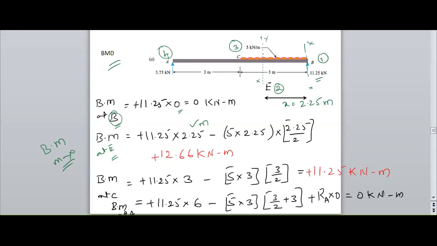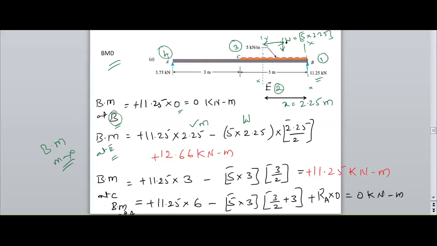Therefore, I need to convert this UDL into a point load whose magnitude is 5 into 2.25. That is the capital W, a point load. And next, I need the distance from E.